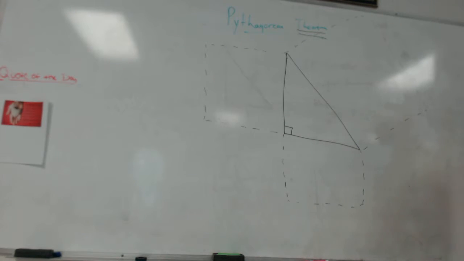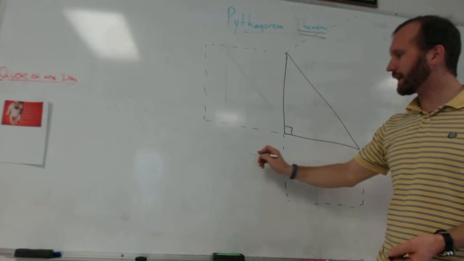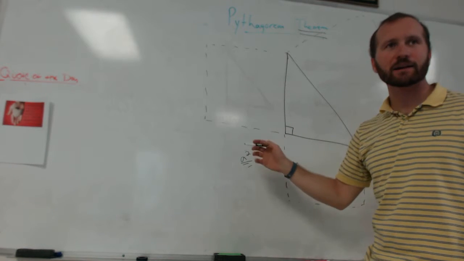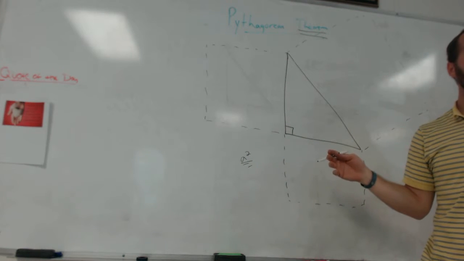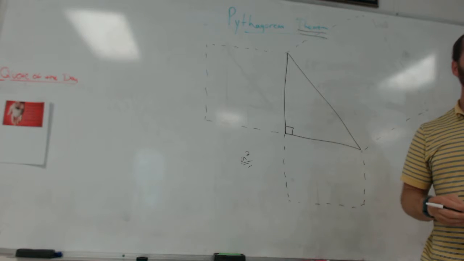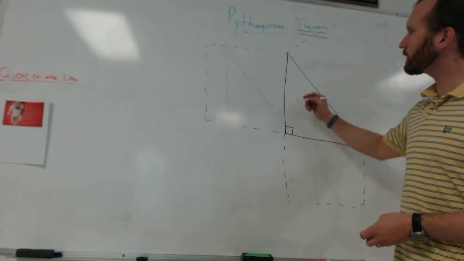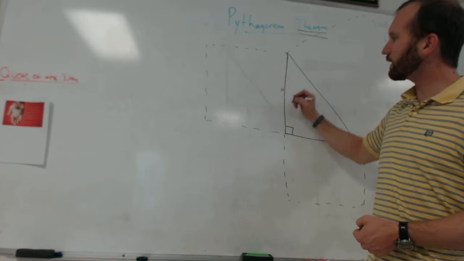And this is, I think, one of the coolest examples of a connection between geometry and algebra. You've seen a squared before, but a squared is actually literally a square. What it means is a square where both sides have a length of a.